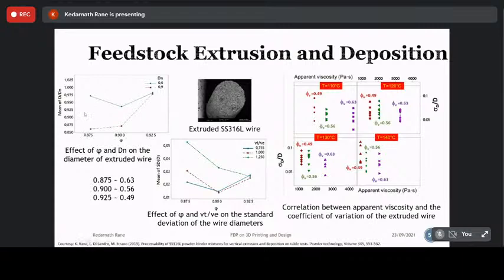So we understood the deposition: on the y-axis you have the diameter of the extruded strand with respect to the nozzle diameter, and it deviates significantly. I'm not going to discuss results here because I would need to dive into more detail, and it would require a lot of time to illustrate everything.